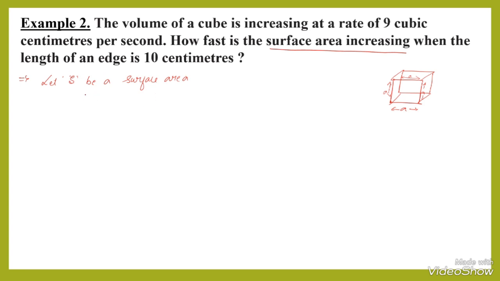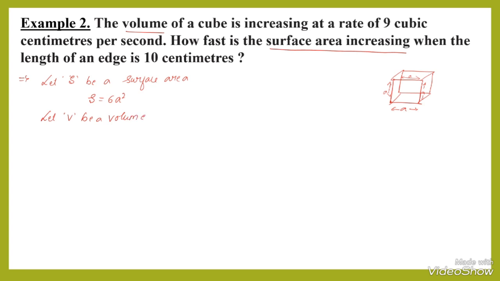Okay. Then what do you mean by the surface area? Formula. There are six faces, that is 6a square. The surface area of cube is 6a square. Then again I can take the given point. The volume of cube is increasing at a rate of, okay, volume will be increasing. Then I can consider V be the volume.